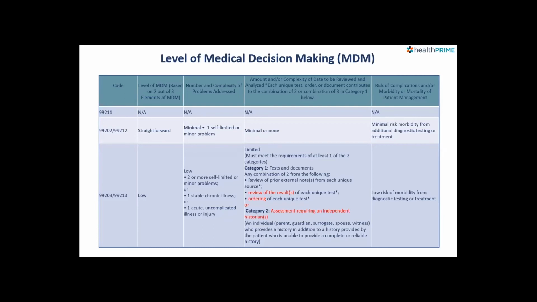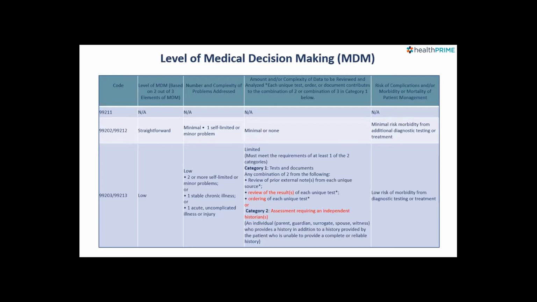So what is an independent historian? An independent historian is an individual who can be a parent, a guardian, surrogate, spouse, or a witness, who provides a history in addition to the history provided by the patient, who is unable to provide the complete or a reliable history.